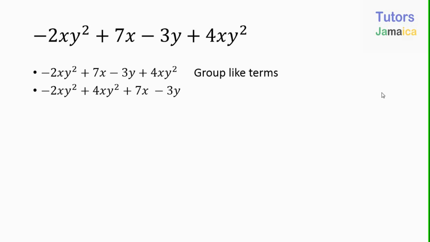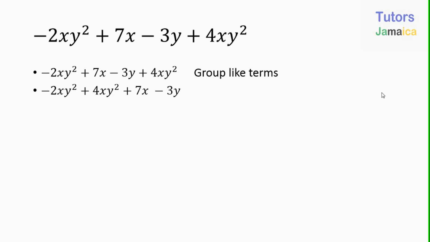So when we group them, we get minus 2xy squared plus 4xy squared. Those are identical, and so those can interact. We can add those or we can subtract them. Plus 7x minus 3y. Those are not like terms.